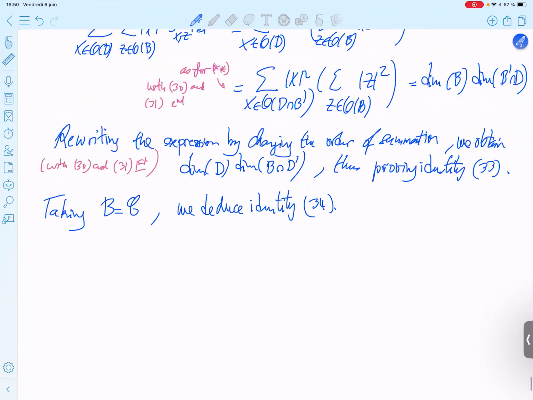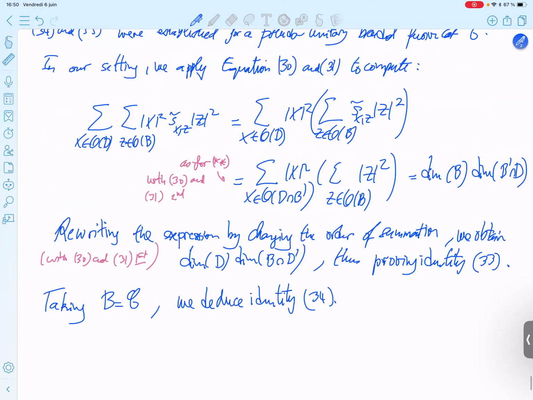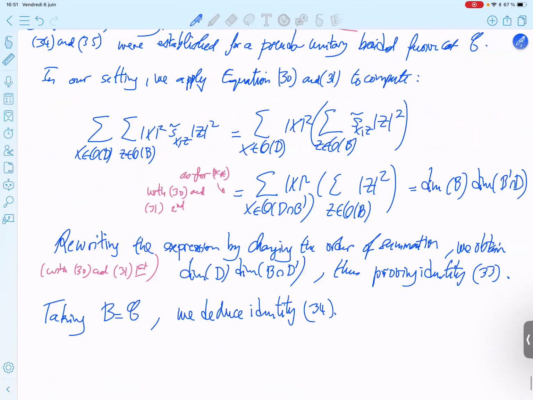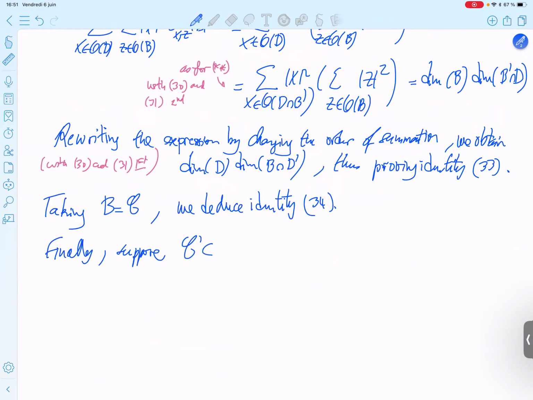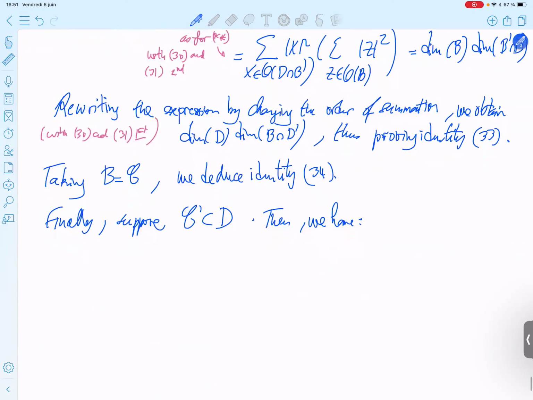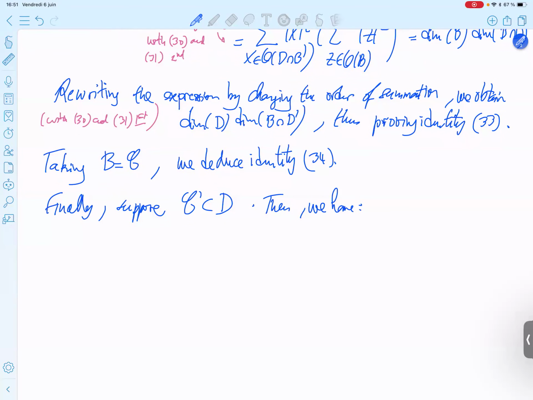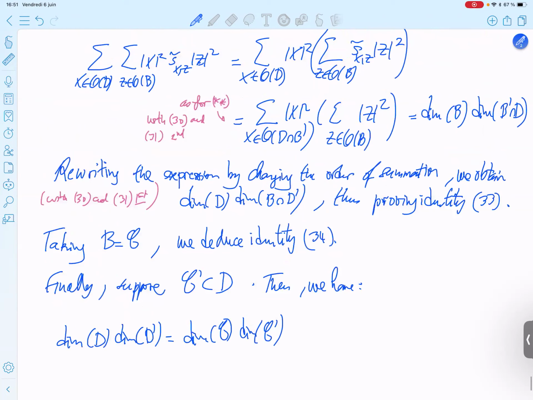Finally, for identity 35, suppose the centralizer of C is included in D, then we have the following. So we know that dimension of D, dimension of centralizer of D is equal to dimension of C, dimension of centralizer of C by 34 with the assumption.